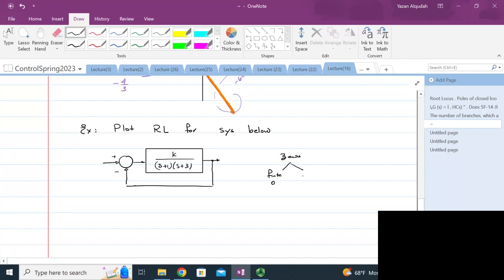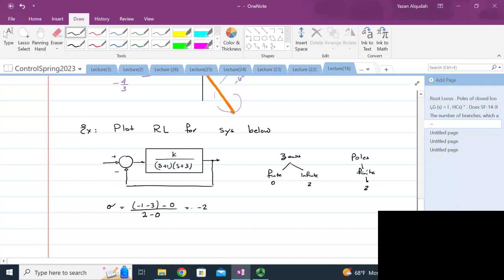We have two finite poles, at -1 and -3. So I'm going to go to my asymptotes formula and calculate the intercept. It's going to equal -1 minus 3 minus the location of the zeros, which is 0 because I don't have any zeros, divided by the number of finite poles minus the number of finite zeros, which is going to equal -2.